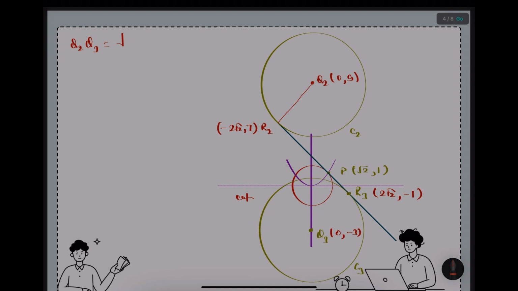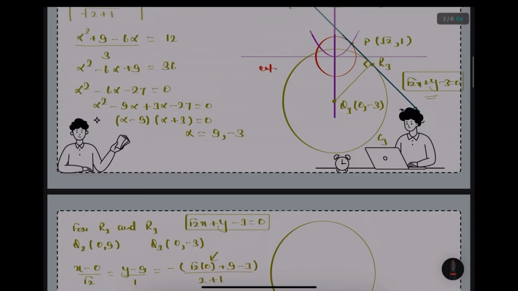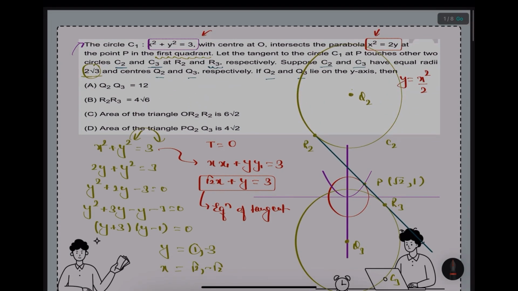So distance is root of x2 minus x1 whole square plus y2 minus y1 whole square. So 0 minus 0 whole square is 0, plus 9 minus minus 3, that is 12, so 12 square, and under the root it becomes 12. So the distance between Q2 and Q3 is 12, and the option is also 12. So this option is correct.